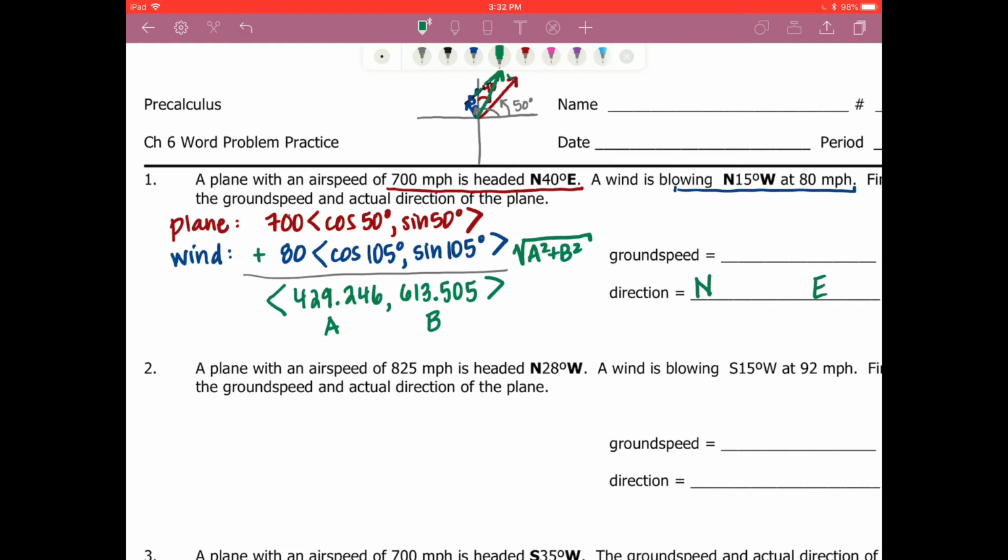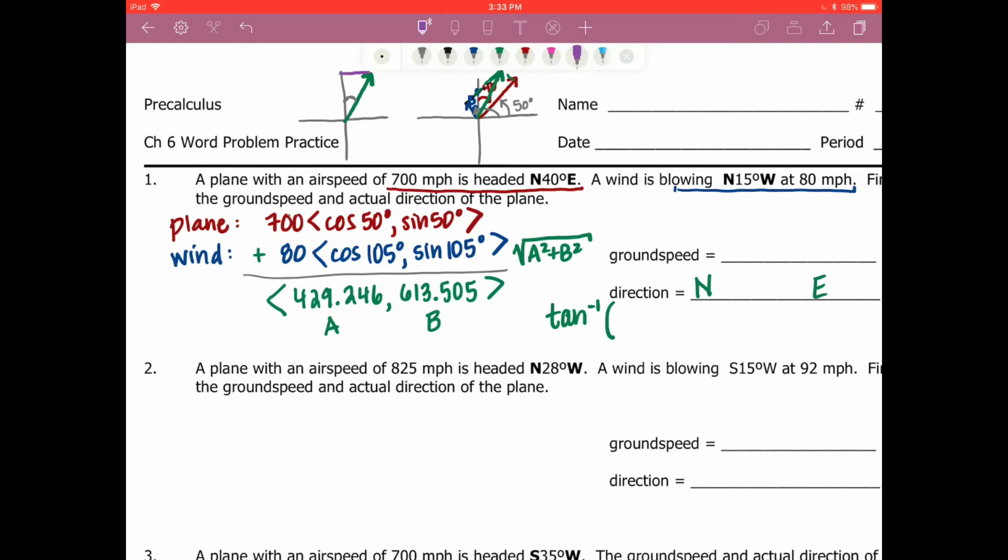How we find that direction is by putting the ratio in. Now what I'm going to do is show you this one time here. Here's my assumed resultant vector in green. Remember, I think that this angle right here is less than 40 degrees.